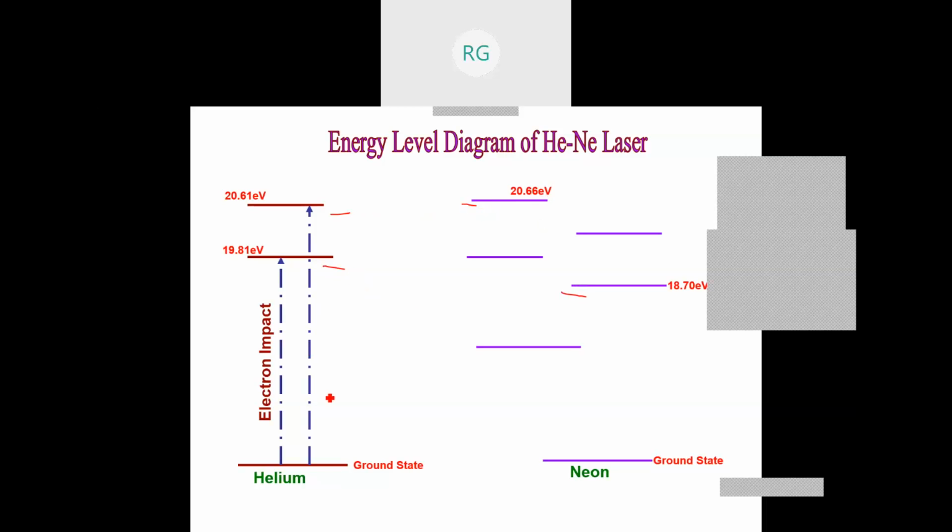Now, the helium atoms which get ionized in the glass tube start moving in the electric field applied between the two electrodes, and they hit the neon atoms. While hitting the neon atoms, they transfer their energy to them. We call this energy transfer by collisions. Once energy is transferred by the helium atoms to the neon atoms, the neon atoms go to a higher energy.